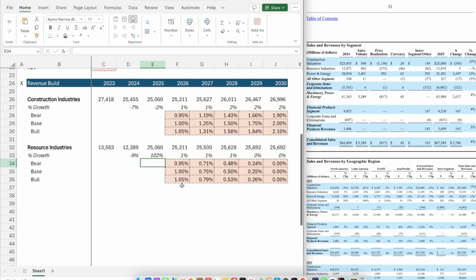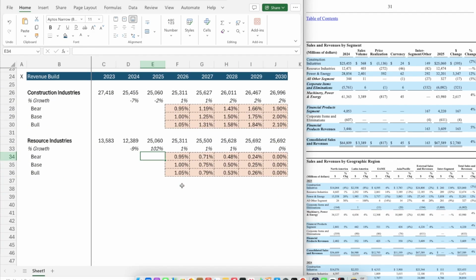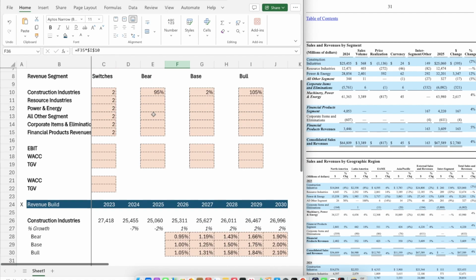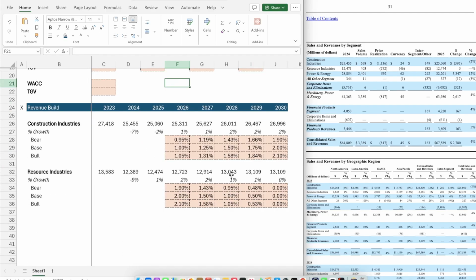So let's see how it looks first, and then we'll tweak it to get that overall being in that range. 12,474. We'll probably actually put 2% here, just because there's obviously a huge need for mining at the moment.